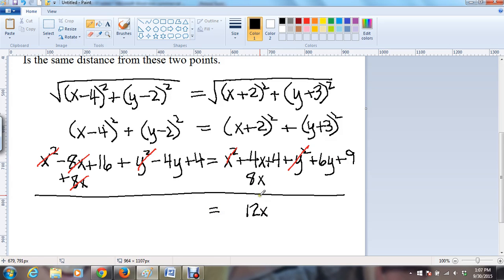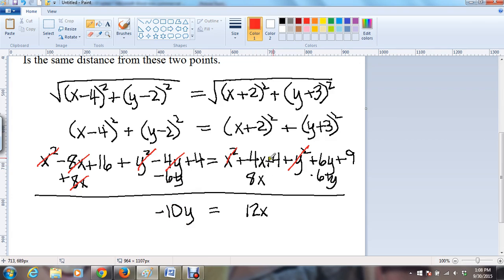Well, actually, I want to get all my y's on the left side because I want to get this into the slope-intercept form, which is y equals mx plus b. So I'm going to subtract 6y on both sides. So over here, I'm going to have negative 10y. So those are now canceled out.